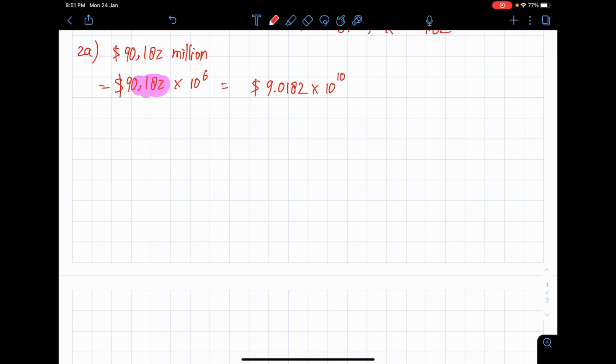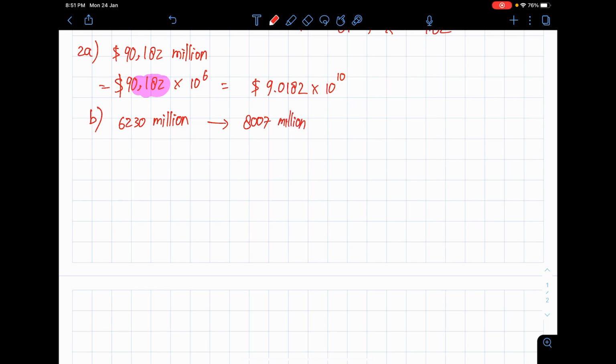Yes, and that's the answer for A. For B, the value of food exported is a certain amount in million. The value of, okay, so this is like some value of food from 2012 and 2017. There's an increase. So it was 6,230 million, and then a few years later it becomes 8,007 million.